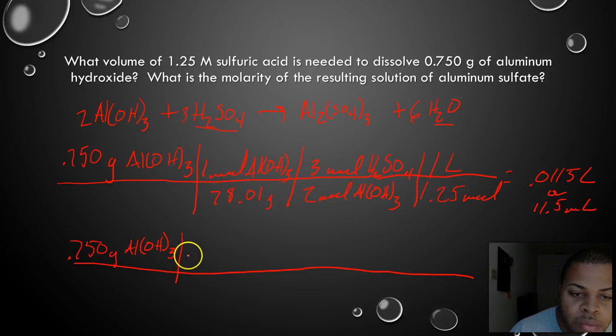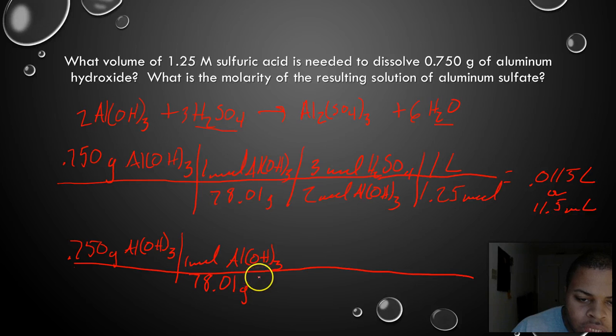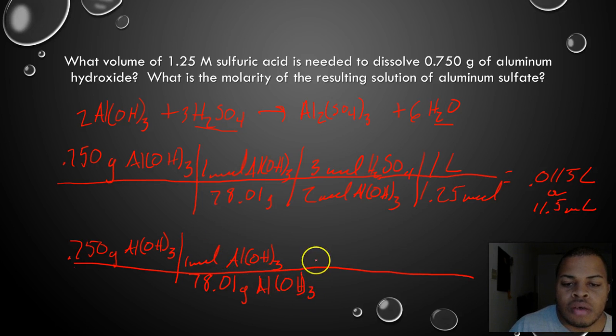So I'm just making another table, and I'm just going to include my aluminum sulfate now. So it starts off the same way, 1 mole Al(OH)3, 78.01 grams Al(OH)3. Oops. Let's adjust that. Let's try to fix that now. Okay.